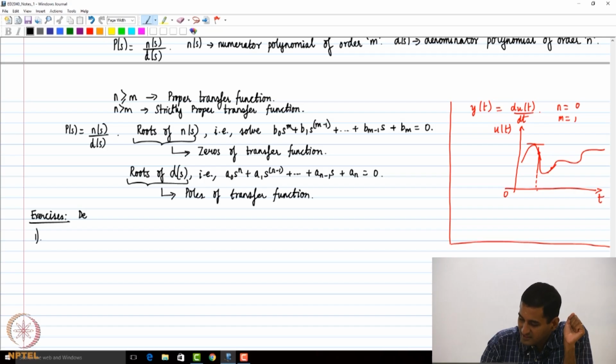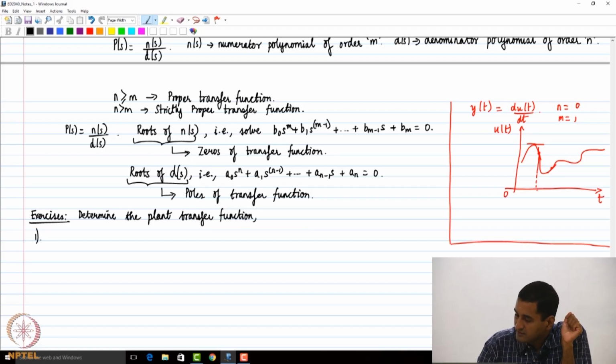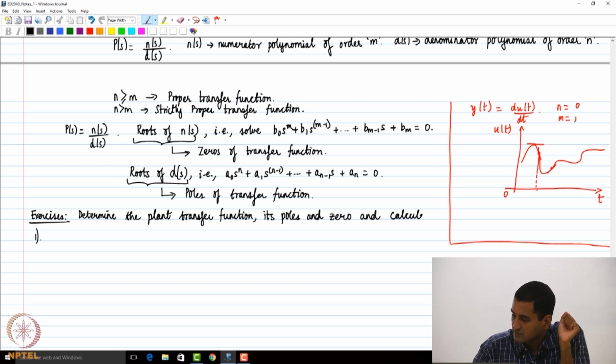So in each case, determine the plant transfer function, its poles and zeros, and calculate its unit step response.